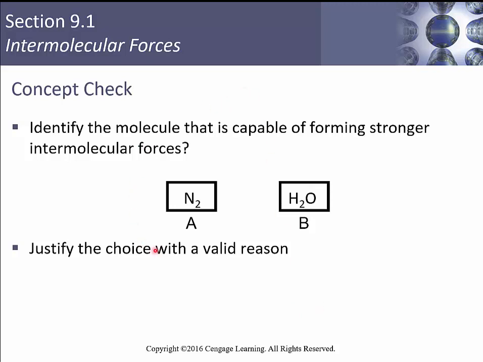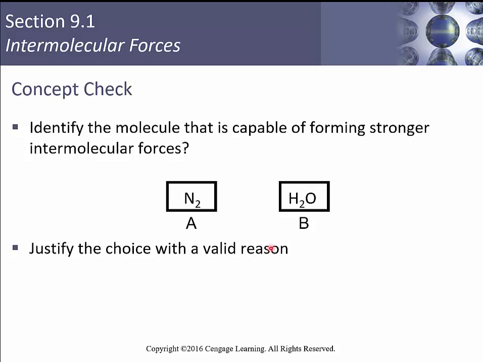Is it going to be A, nitrogen, or is it going to be B, H2O? So pause, give yourself a moment or two to think. Okay, now let's justify our selection with reasoning. As a molecule, nitrogen is going to be nonpolar, so the intermolecular forces that dominate in nitrogen are just going to be the van der Waals or London dispersion forces.